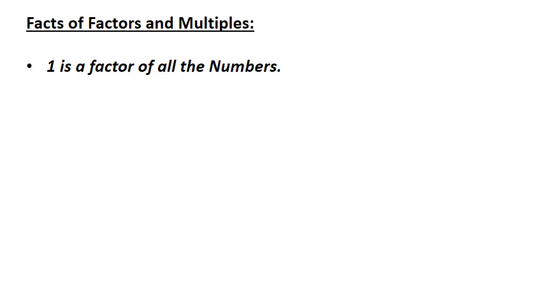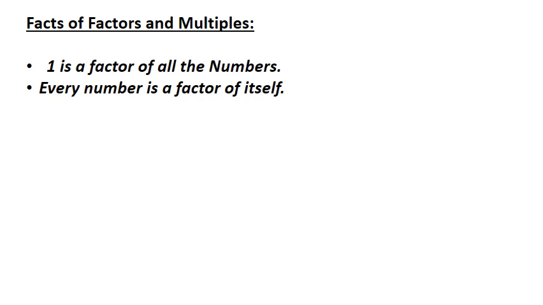The first fact is that 1 is a factor of all the numbers. Now 1 is a factor of all the numbers means that all the numbers are divisible by 1. So 1 is a factor of all the numbers. Second, every number is a factor of itself.